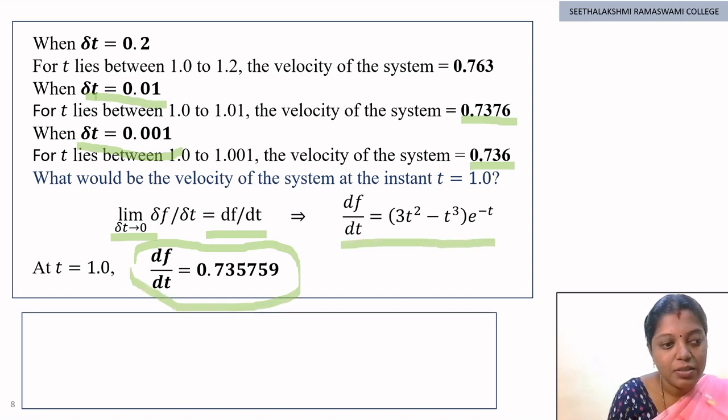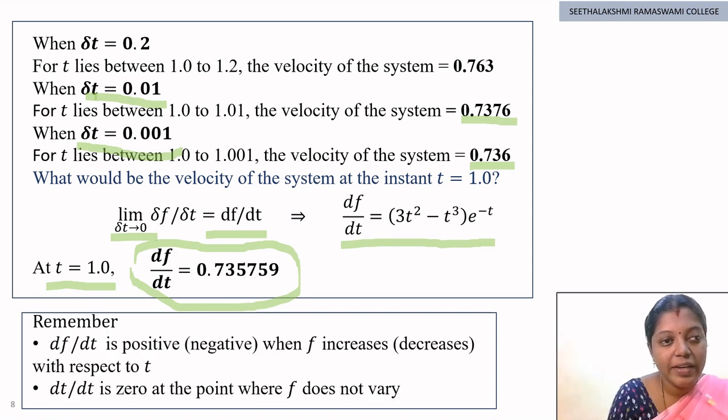From the differentiated expression, substitute t equal to 1.0, then you will find the exact rate of change at t equal to 1, that is nothing but 0.735759. So this makes you clear what instantaneous rate of change means.